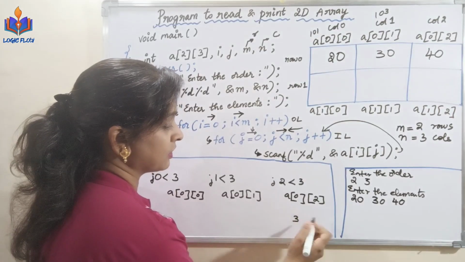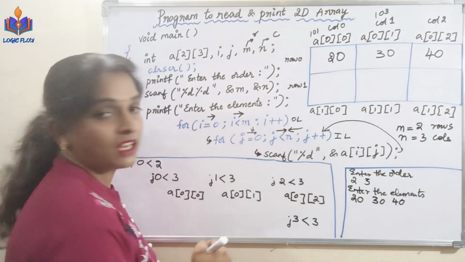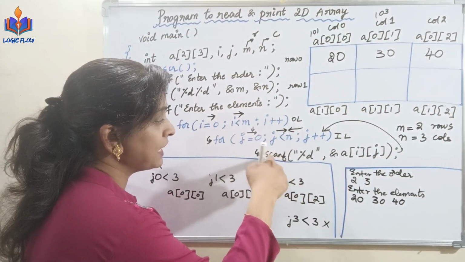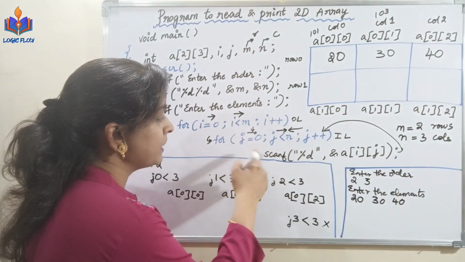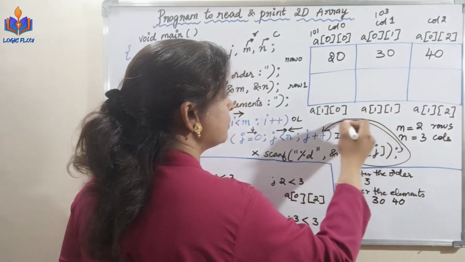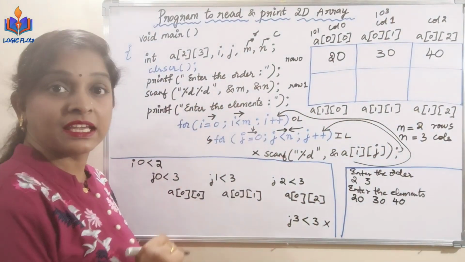Then again inner loop progress. 3, I'll write it here. 3 less than 3? No. The inner loop condition is false, so the statement will be skipped. Control will go to the outer loop. Now i gets increased.